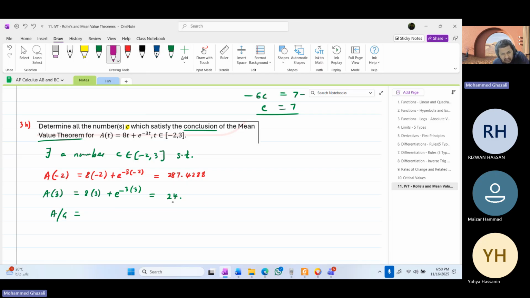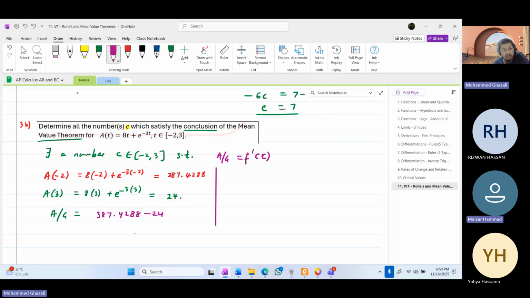Right, so the average gradient is 387.4288. Wait, a number C is an element of that range such that what condition? Such that the average gradient is equal to f prime of c. That's the condition. That's what we're trying to do here. So on the left hand side, I'm doing average gradient stuff, and on the right hand side, I'm going to start doing derivatives.